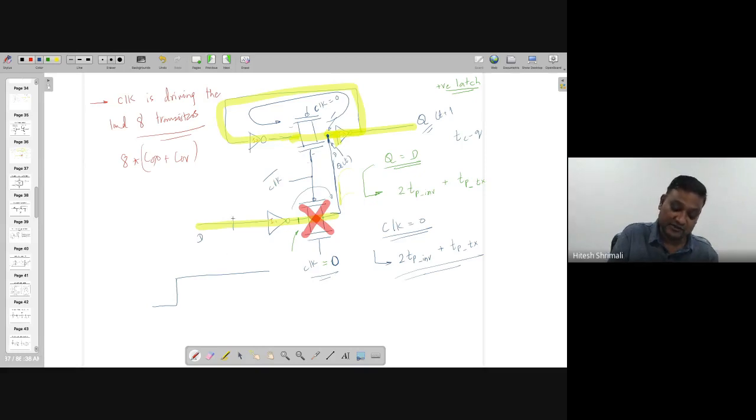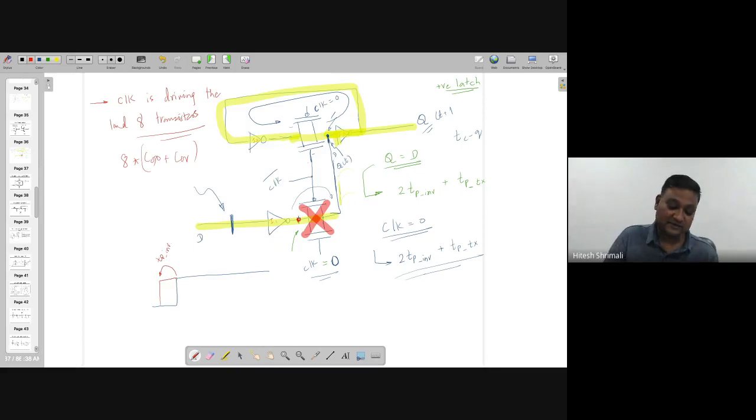So if you are starting from this point, your input has to be ready at least one propagation delay of your clock, so that this clock will be effective to send this data to that side. It does not require now TPX. It has to be available here, right? So that will be the setup time.